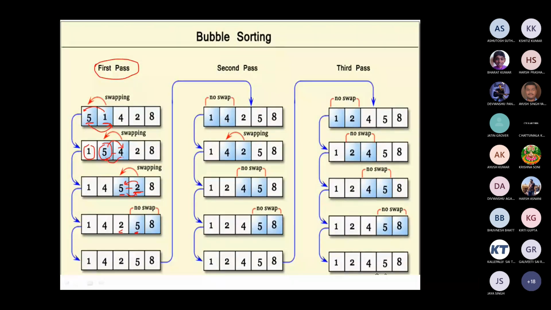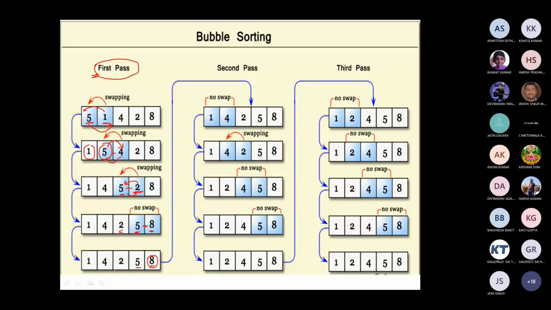Now compare this one with this one. 5 is less than 8, so there will be no change. 5 remains in the same place and 8 remains in the same place. So look, after the first pass, the highest value, 8, took its position, the last position.